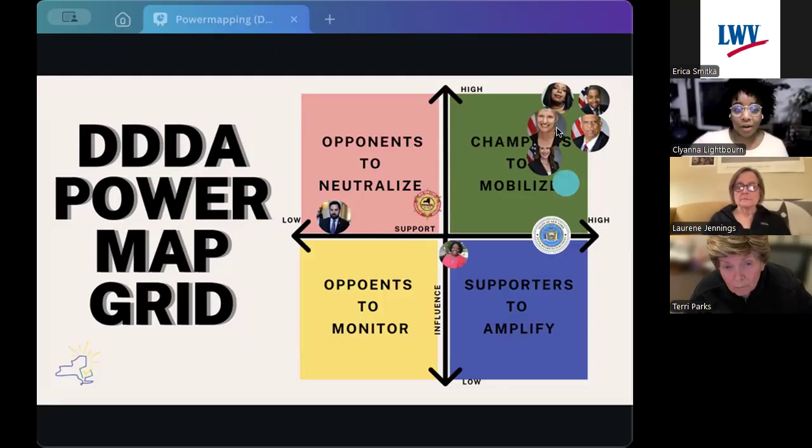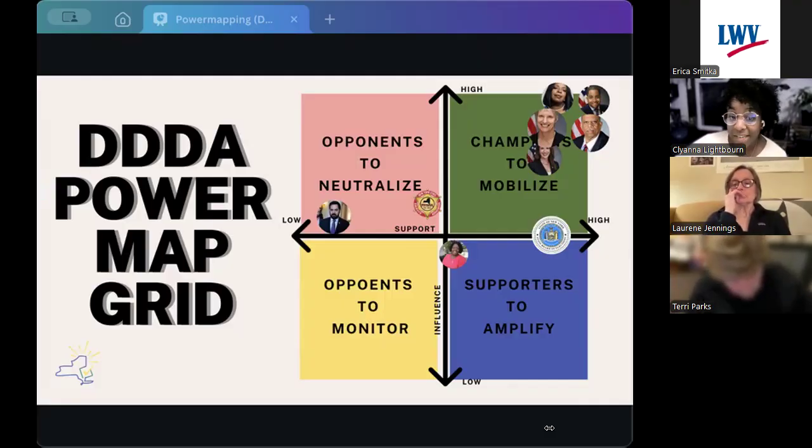Next, we have Senator May and Senator Comrie, and I think that's Senator Hinchy. Yep. So those are further supporters, further champions of the bill. These are the co-sponsors that have a lot of influence within the Senate, whose weight and influence really mean a lot when they talk to people about our bills.